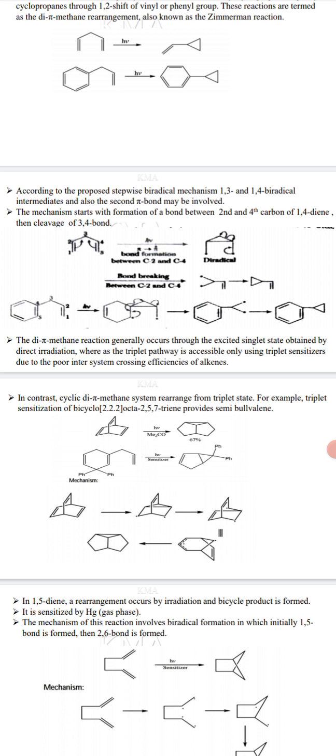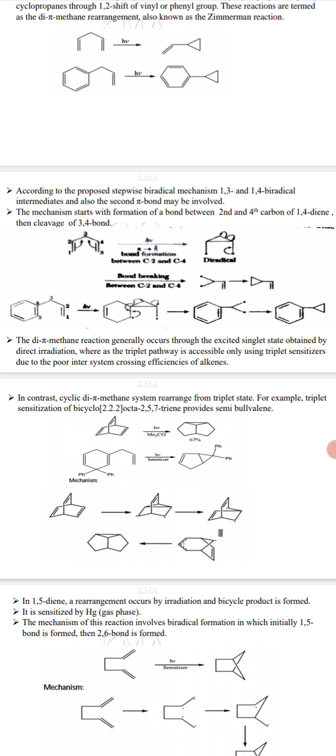So it is a two-step mechanism. One bond breaks by absorption of light, and the other bond breaks too, and when it does, the first bond formation between carbon 2 and carbon 4 happens. Next it forms a diradical.